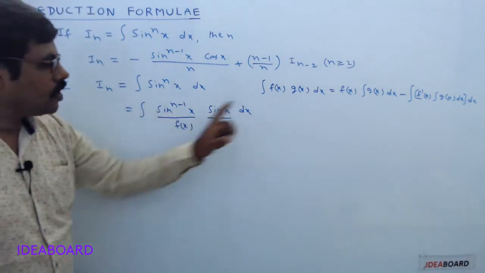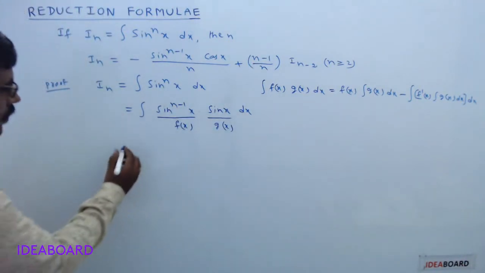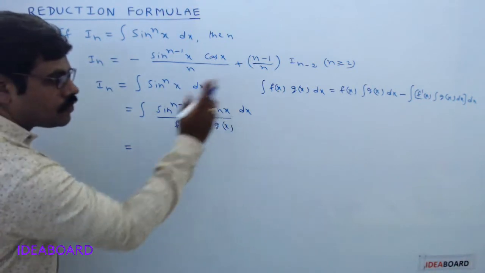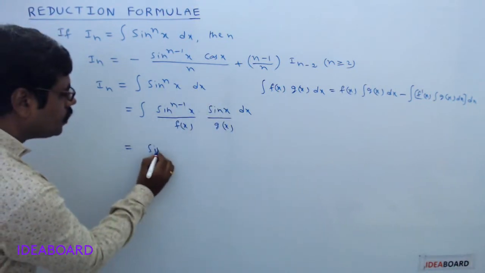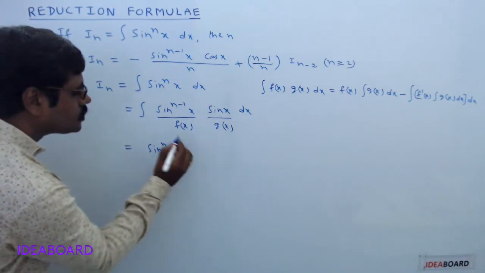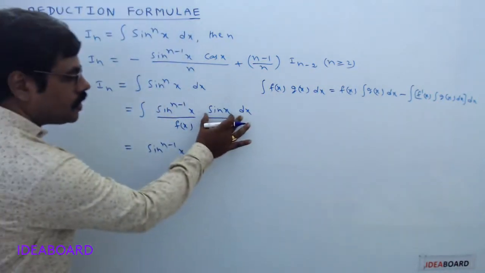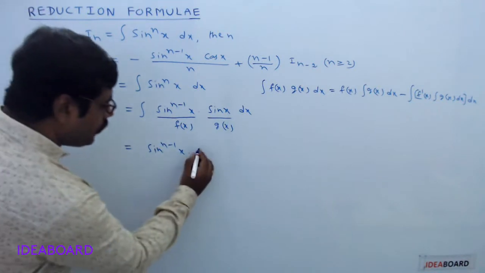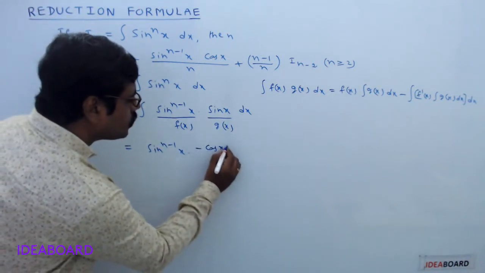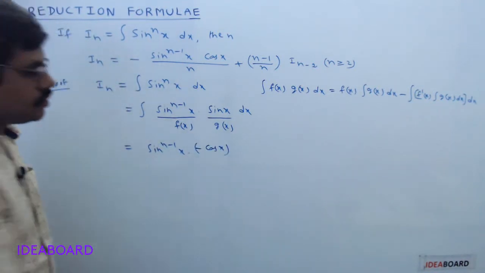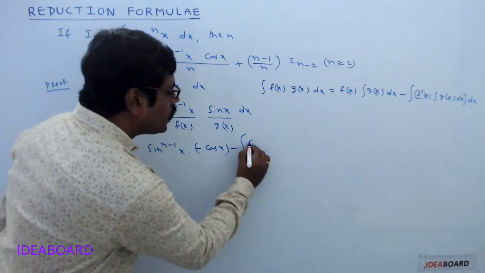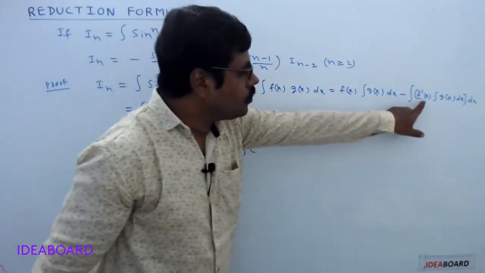Now use this formula on these two functions. Now this equals f of x, that is sin^(n-1) x, into integral g of x dx, integral sin x dx. Integral sin x dx is minus cos x, minus integral of f dash of x.